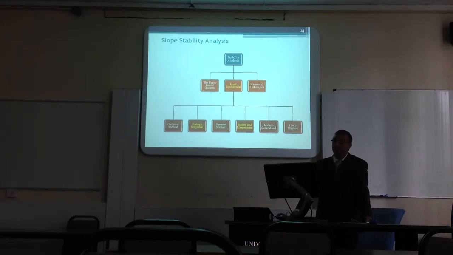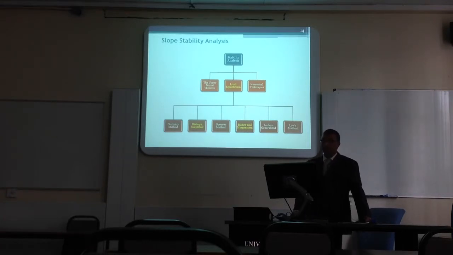But here we are going to take the limit equilibrium method, which is most widely used in the industries. In limit equilibrium, there are the ordinary method, Bishop's simplified, Spencer method, Bishop and Morgenstern, Janbu's generalized, and Lowe's method. Here, for the rapid drawdown for flooding case, we are going to take Bishop simplified and Bishop and Morgenstern, but the calculation has been done by Bishop and Morgenstern.